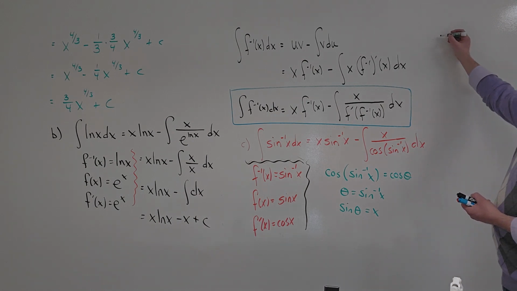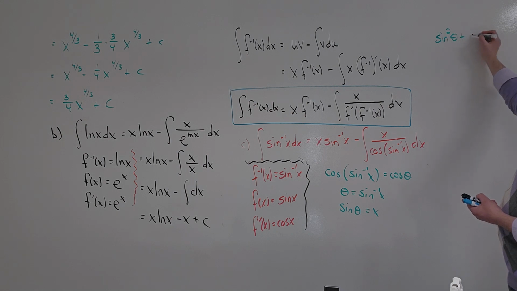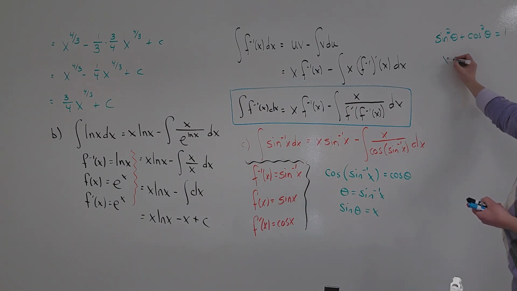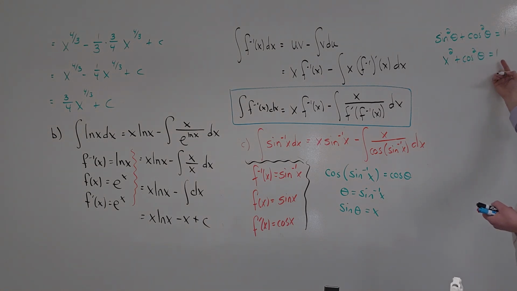The trig identity is the standard Pythagorean identity: sine squared plus cosine squared is 1. I know that the sine of theta is x, meaning I'll plug x in to get x squared plus cosine squared is 1. Subtract x squared over, giving cosine squared theta is 1 minus x squared.